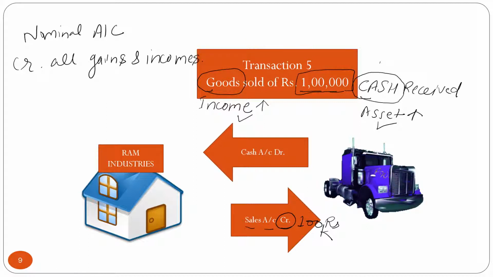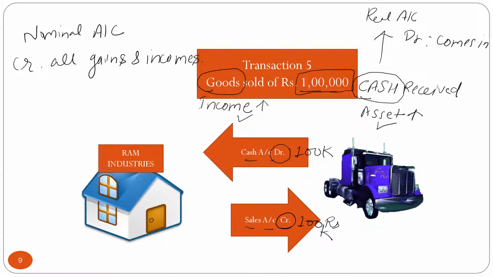So for cash increase, we use real account rule: debit what comes in. So cash comes into the business as we have sold the goods to the customer. So cash comes into the business and cash account debit by 1 lakh rupees.